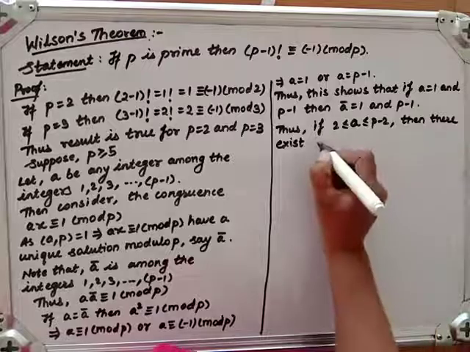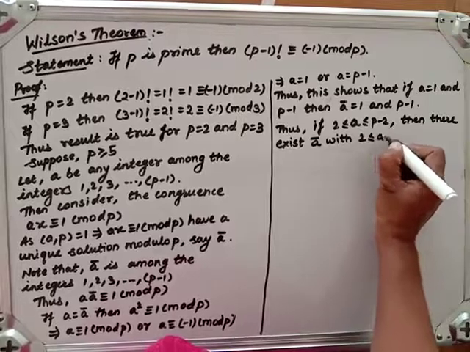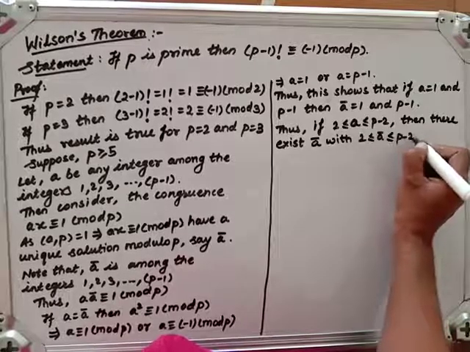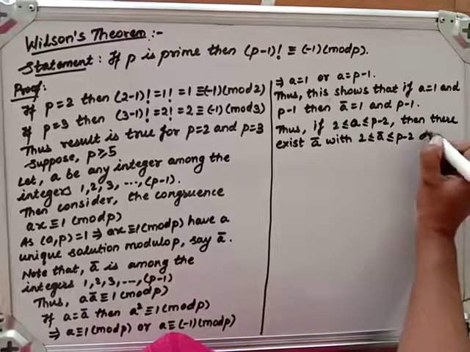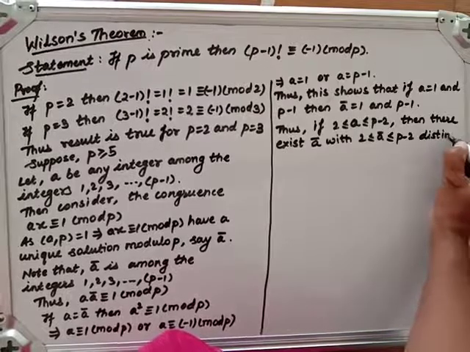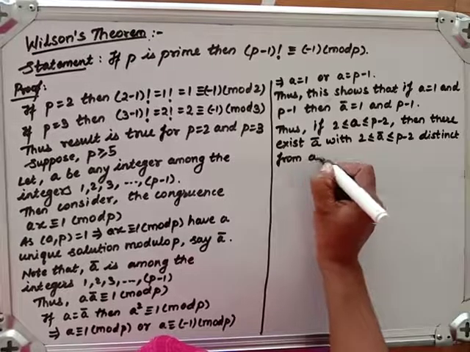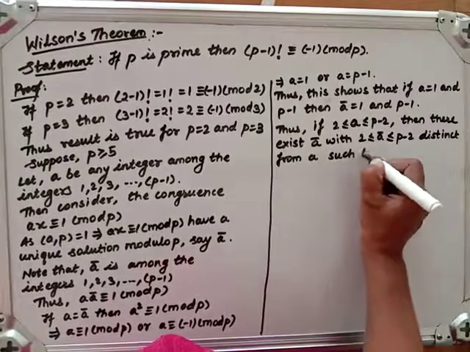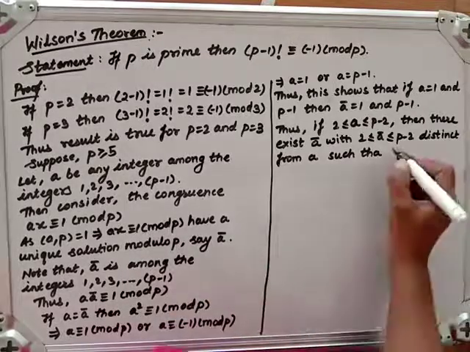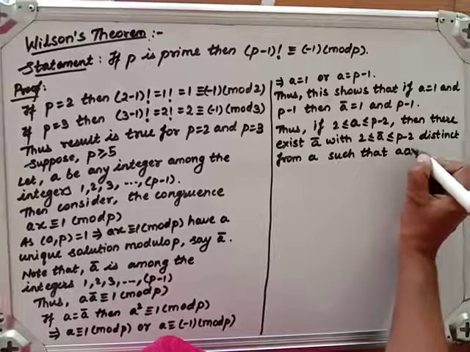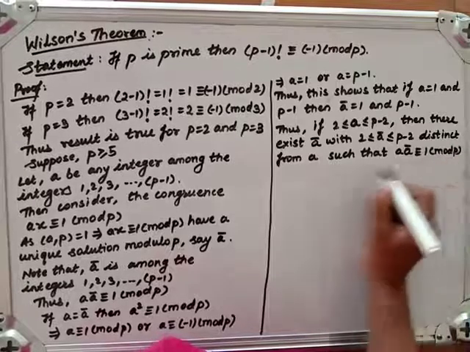So there exists a bar with 2 less than or equal to a bar less than or equal to p minus 2, not necessarily in the same order, distinct from a, such that this equation a into a bar congruence to 1 modulo p is satisfied.